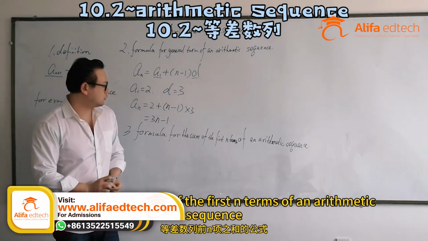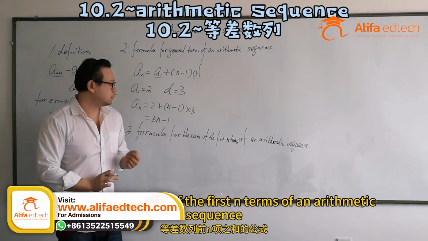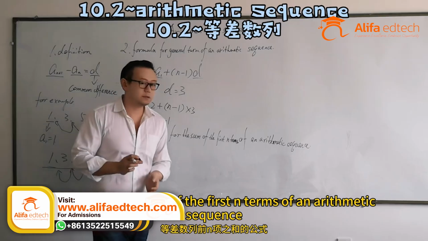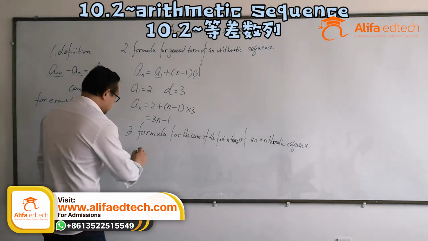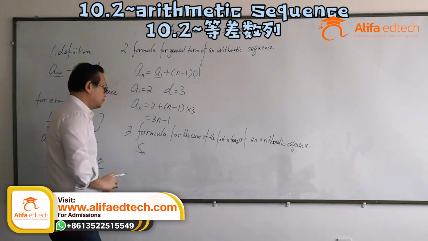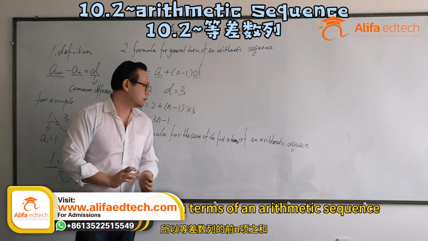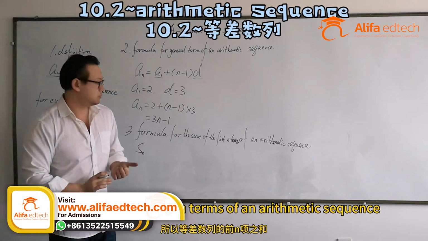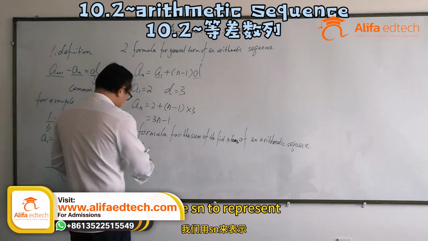Formula for the sum of the first n terms of an arithmetic sequence. So the sum of the first n terms of an arithmetic sequence we use Sn to represent.